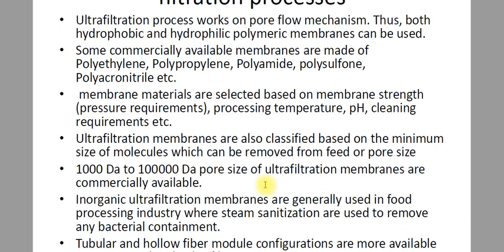The pore sizes of different membranes available in the market range from 1000 Dalton to 1 lakh Dalton. Generally for a particular membrane there is a range, like 1000 to 5000 Dalton or 5000 to 10,000 Dalton. This is the range which is available in the market.